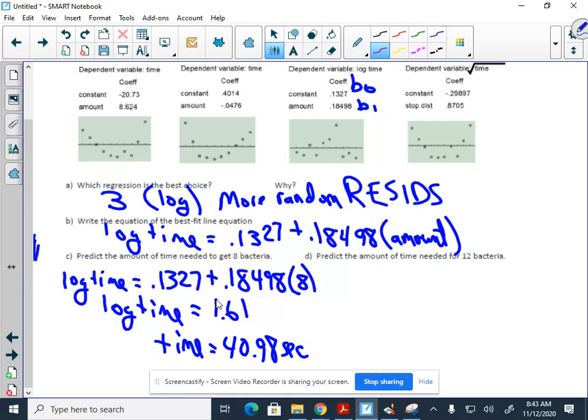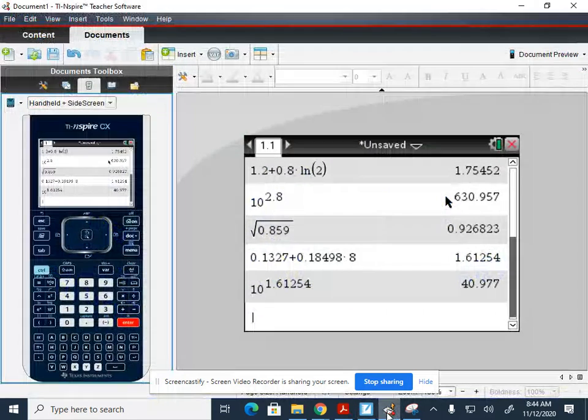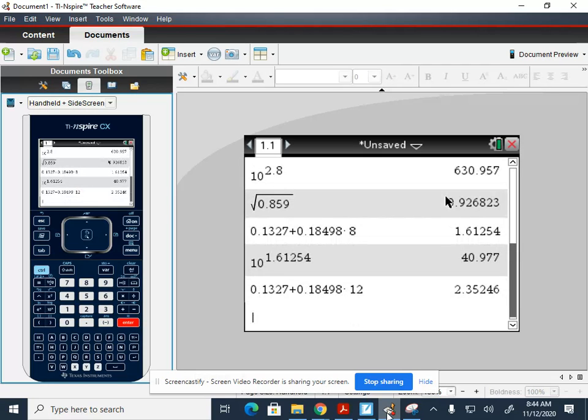Predict the amount of time for 12 bacteria. You have to do the same thing. Put that in.